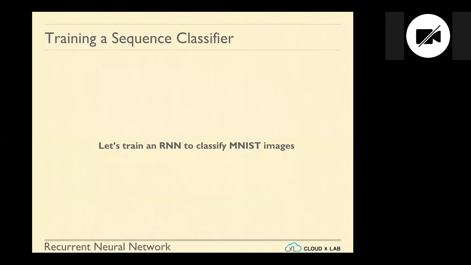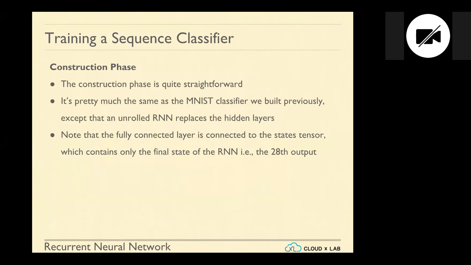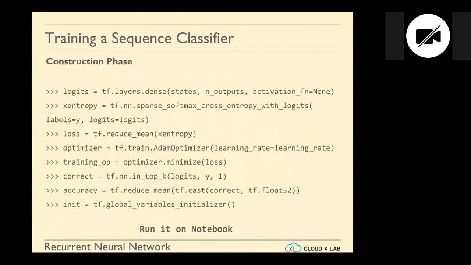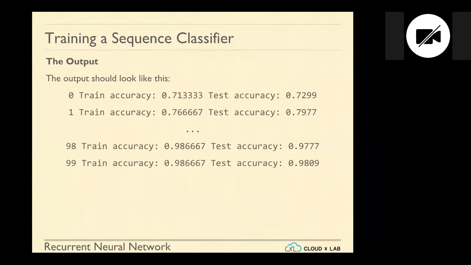All right, and then we trained the RNN to classify MNIST images. That was the basic example, though the performance may not be as good as CNN, but this was basically the hello world of any machine learning program.